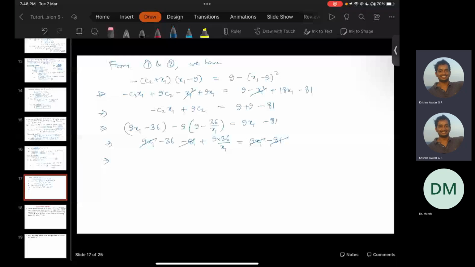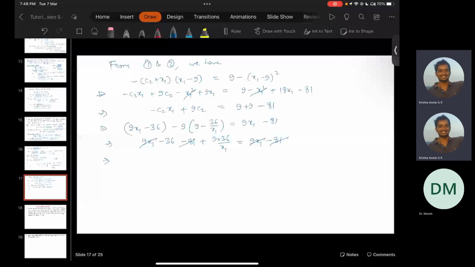Now what we see is 9 into 36 by x1 is equal to 9 plus 36, which is 45. So this implies that 9 cancels out, and it gives us 36 by x1 is equal to 5. Then this implies that x1 is equal to 36 by 5.